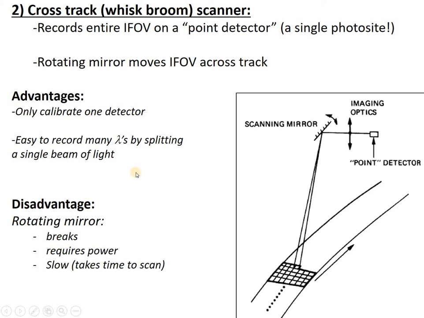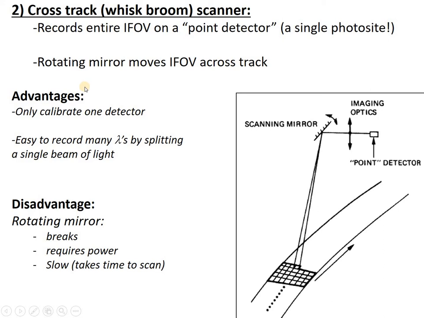Instead of being a grid of photosites, a set of mirrors scans across the track. The satellite's moving very rapidly along the track, and this scanning mirror is going equally fast, bzz, bzz, bzz, collecting photons from each pixel individually and sending them back to this point detector, essentially.